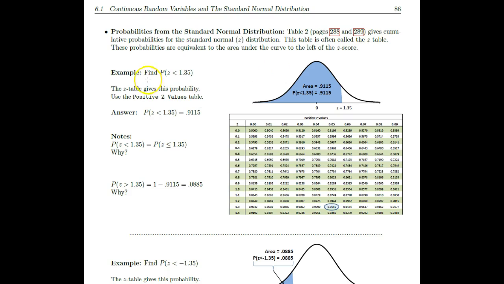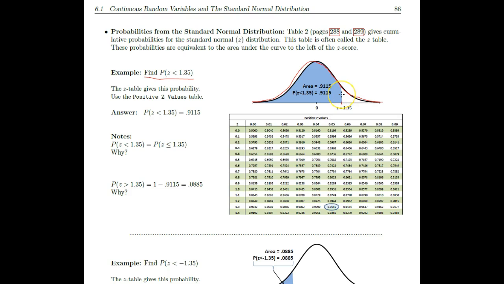The first example is find P of z less than 1.35. So we're trying to find the probability of some z-score being less than 1.35. Here you have our normal distribution curve. The question is asking, if I wanted to analyze a z-score of 1.35 in a normally distributed data set, here's my z equals 1.35 above my mean of z equals 0.